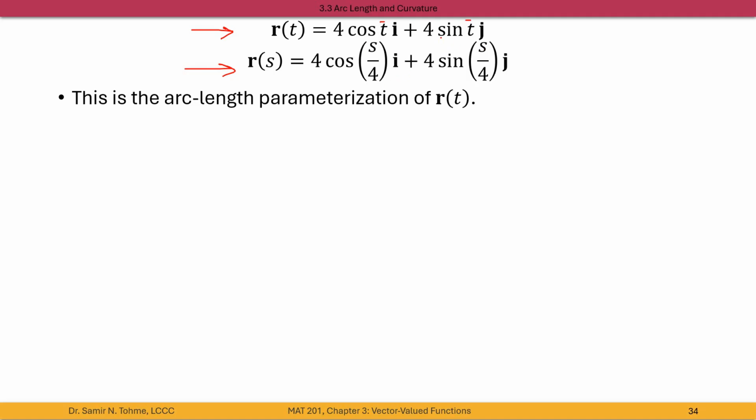This is a different equation, but it will give you the same circle, the same shape for this vector function, but of course, traversing the whole curve will be different from this one.